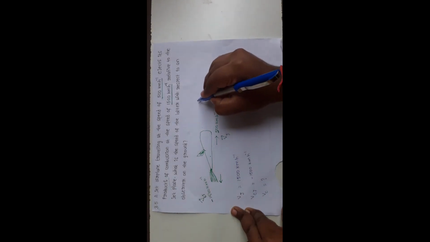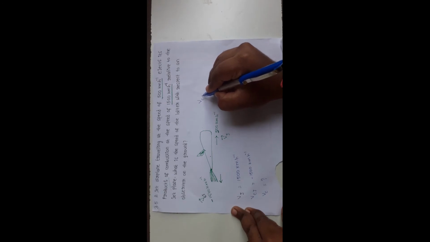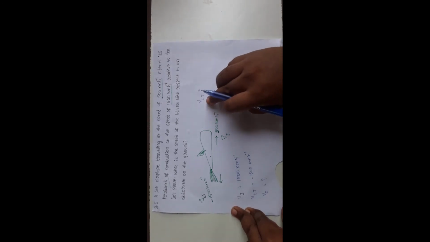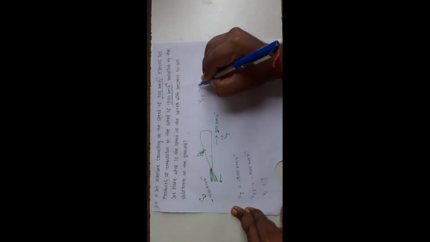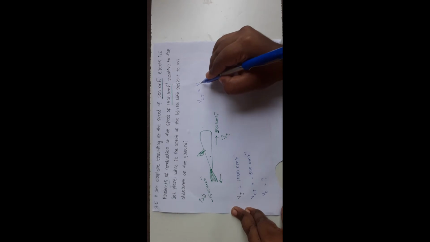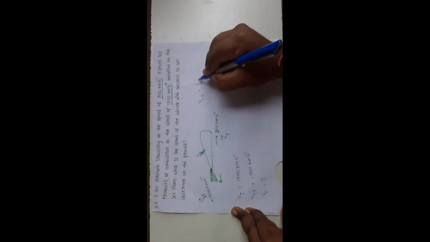This is nothing but relative velocity. What is the formula of relative velocity? Vcj equals Vc minus Vj, the velocity of one object with respect to another.